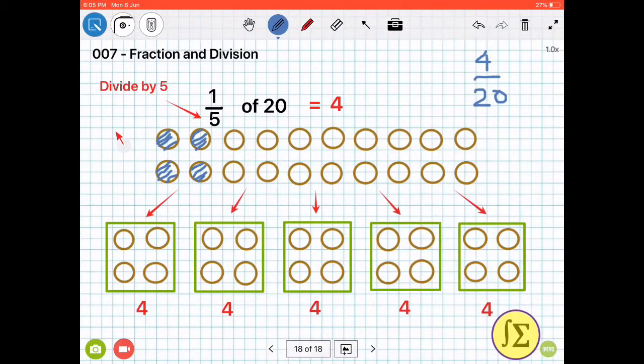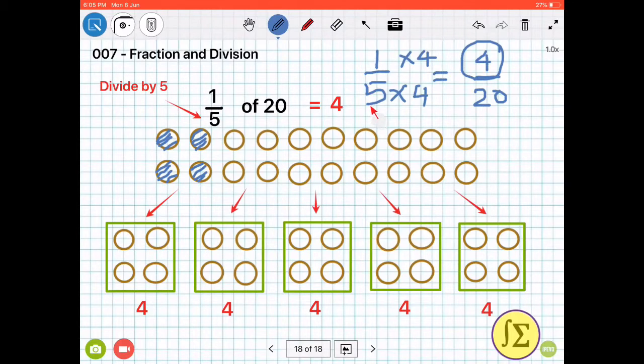And if you haven't noticed already, 4 out of 20 is an equivalent fraction of 1 over 5, because 1 times 4 is 4, and 5 times 4 is 20. So for 1 over 5 of 20, if you put it as an equivalent fraction, 1 over 5 equals something over 20, and we're trying to find this number.